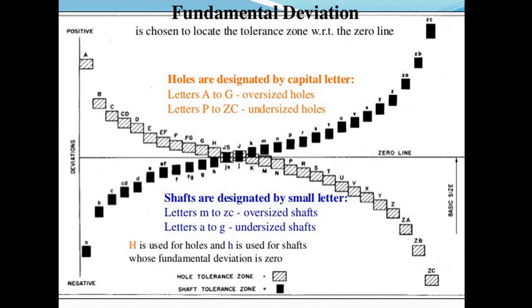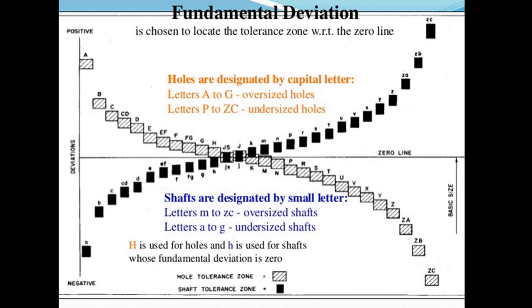Holes are designated by capital letters, A to Z. Oversized holes: you can see A, B, C, D, E, F, G. From capital A to capital G, each is a different type of hole. In this case they are called oversized holes, meaning in each case the size of the hole is always greater than the basic size. You can see this is the basic size.